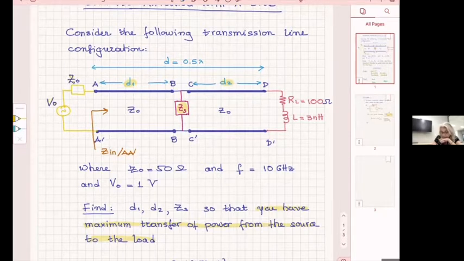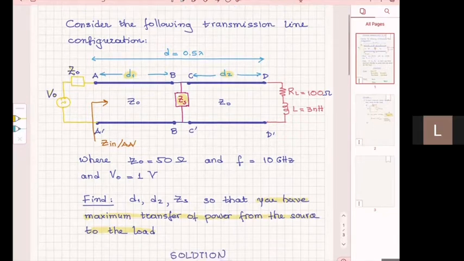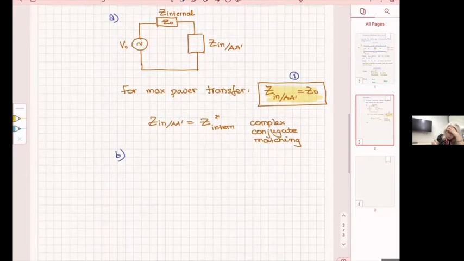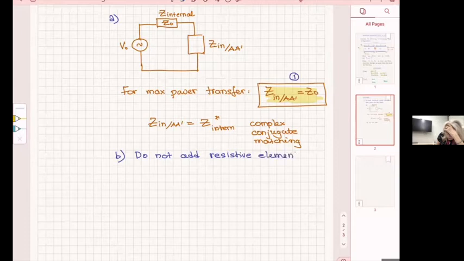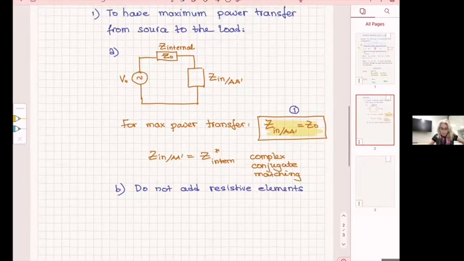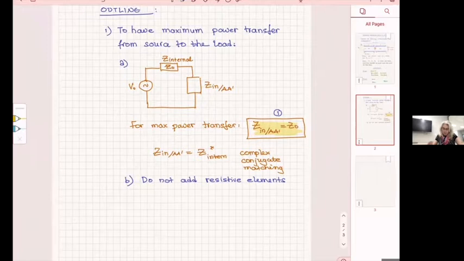Because if we add any resistive elements between the source and the load, then they are going to take part of the real power. Do you agree? Yes. Okay. So the second thing is do not add resistive elements.